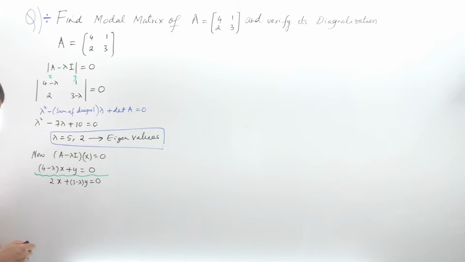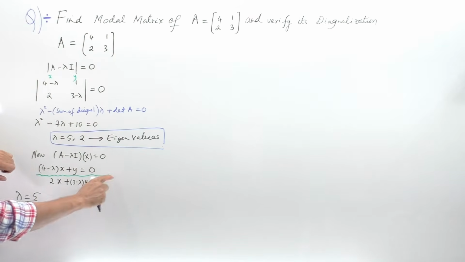So if I use the first equation here, we will first find for lambda is equal to 5. For lambda is equal to 5, put here, 4 minus lambda. We are using only the first row here.